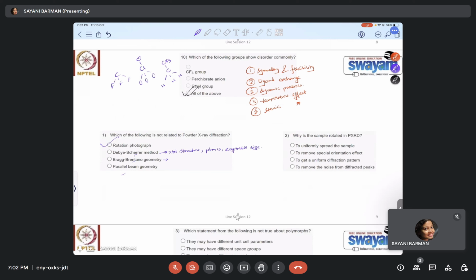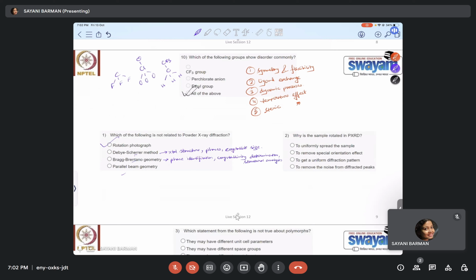Bragg-Brentano geometry is used for phase identification, crystallinity determination, and structural analysis of the powdered sample.